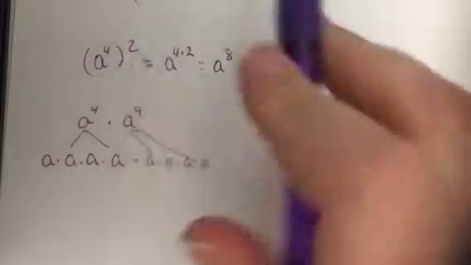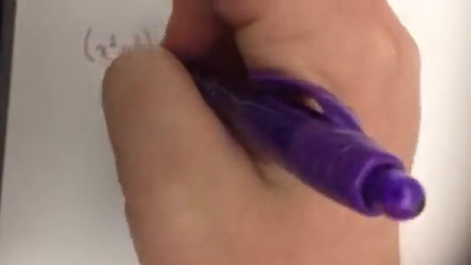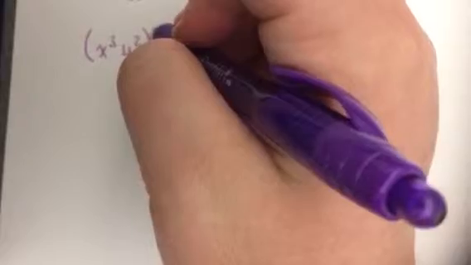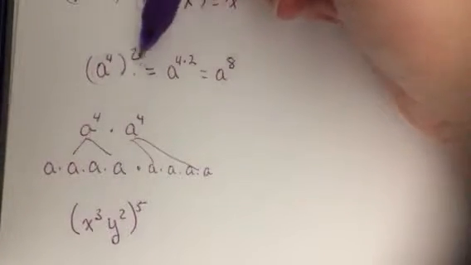Multiply the exponents. Okay, what if we have x to the third y squared all to the fifth power? This property is called your product to a power. It's slightly different from the last property, which was just a power to a power, because you now have a product inside your parentheses.